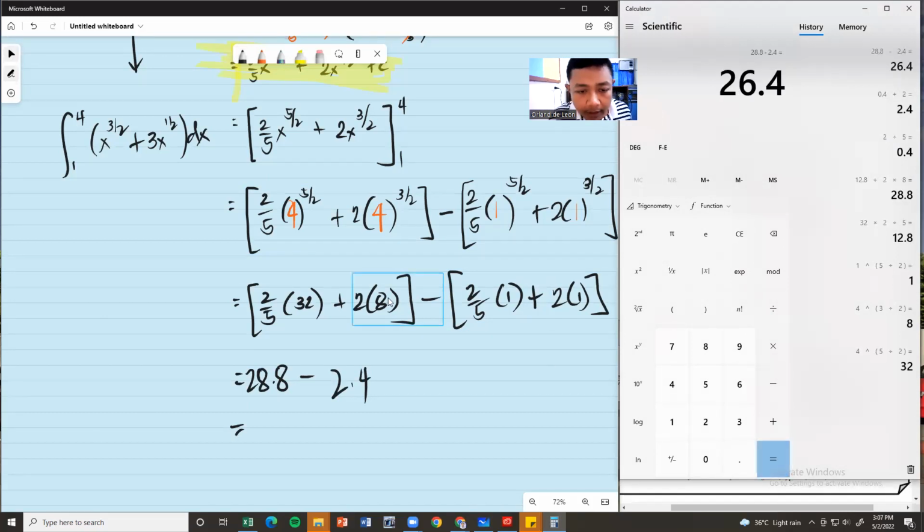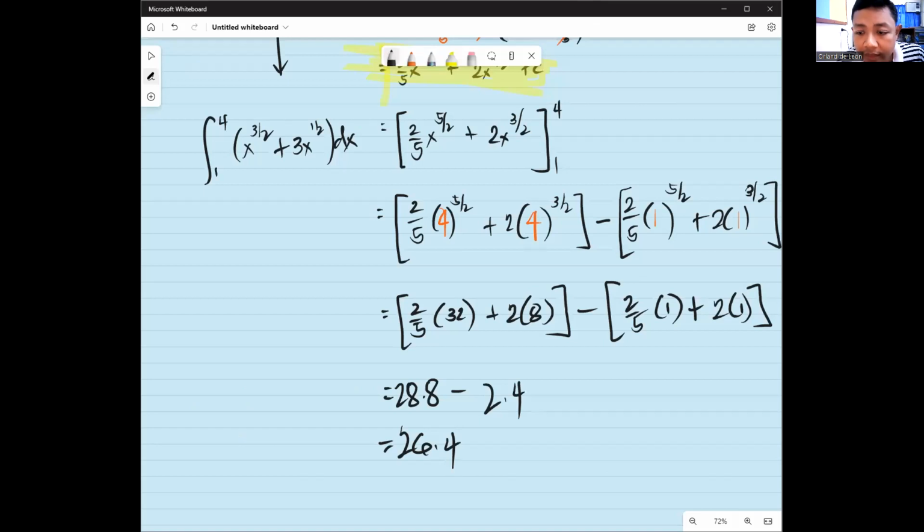The answer will be 26.4. And that is the value of our definite integral. Show me a reaction if that's clear to you. Let me see. Very good.